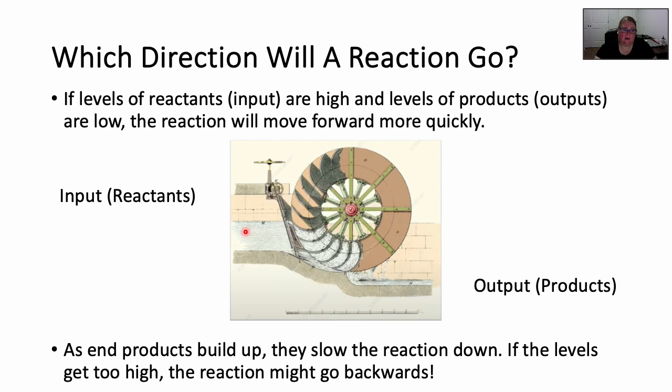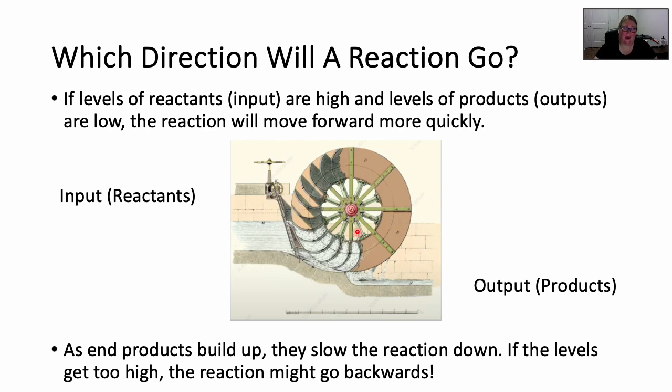But remember, the bigger the difference between the level of reactants and the level of products, the faster our reaction is going to move. Okay, so as we go here and push the wheel, this is going to happen very quickly. But as the amount of products rise up, this process is going to slow and even stop.